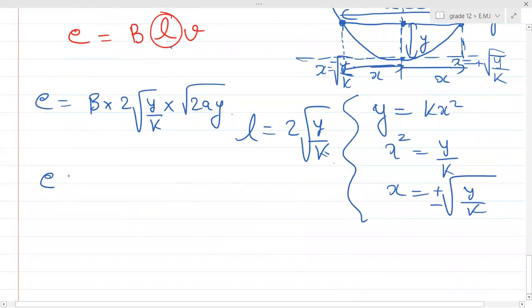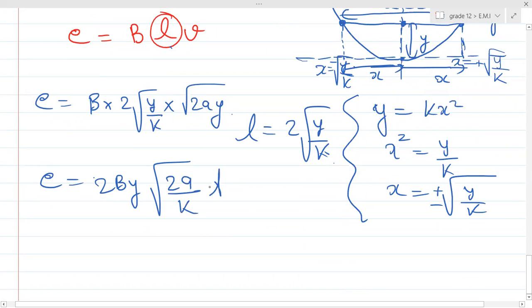So E will be equal to twice B, root y will get multiplied and y will come out, and this will be twice B root of a by k, and that will be the answer. Is this clear, guys?